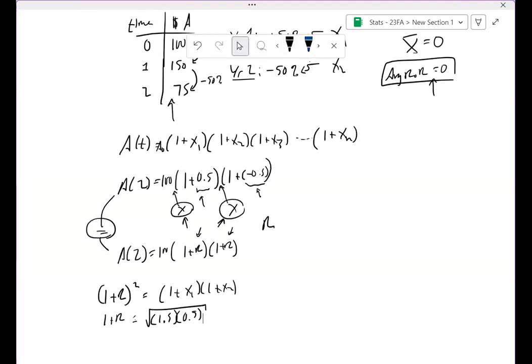If I calculate that on the calculator, you can do this on your calculator too. The square root of 1.5 times 0.5 gives me about 0.866. And then I subtract 1, so my mean rate of return is 0.866 minus 1, which is negative 0.134.